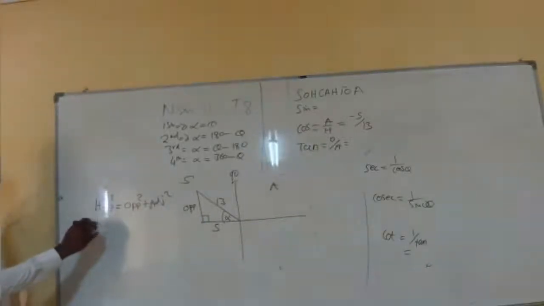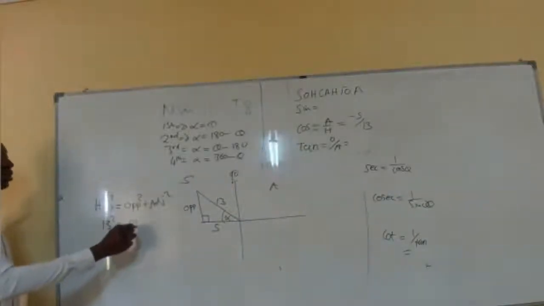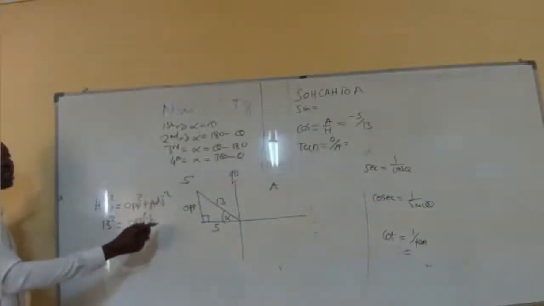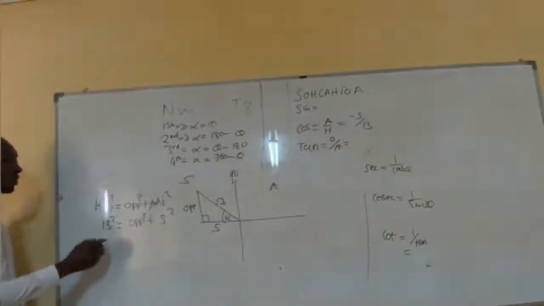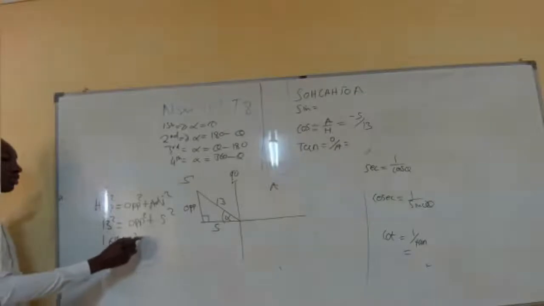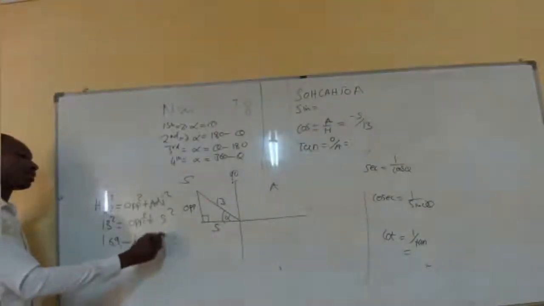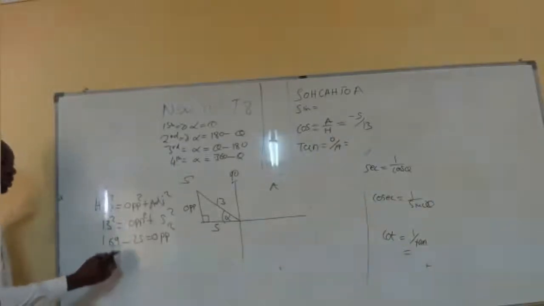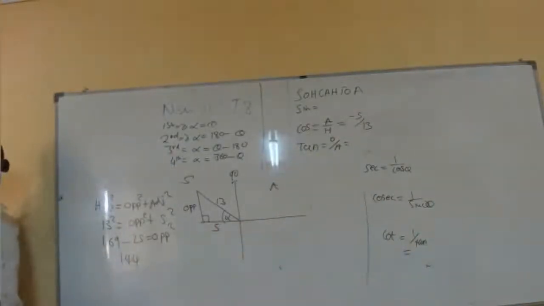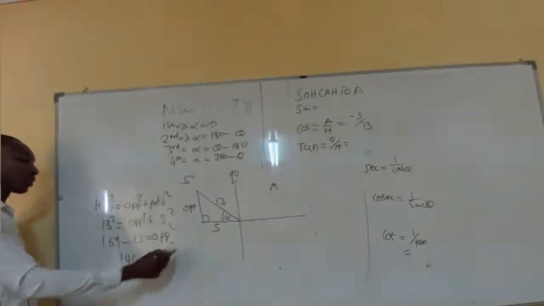Hypotenuse has been given as 13, so 13 squared is equal to opposite squared, which is what we're looking for, plus adjacent, 5 squared. Now 13 times 13 is 169, minus 25 is equal to opposite squared. So this is 144.